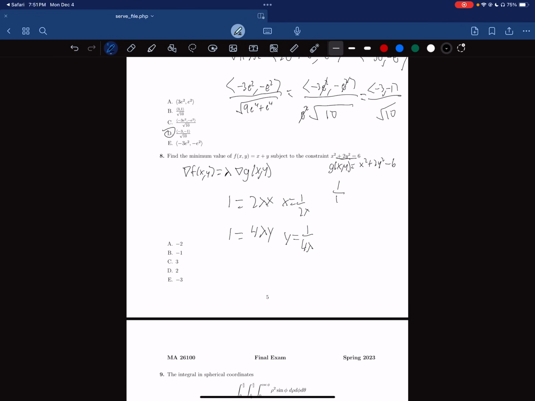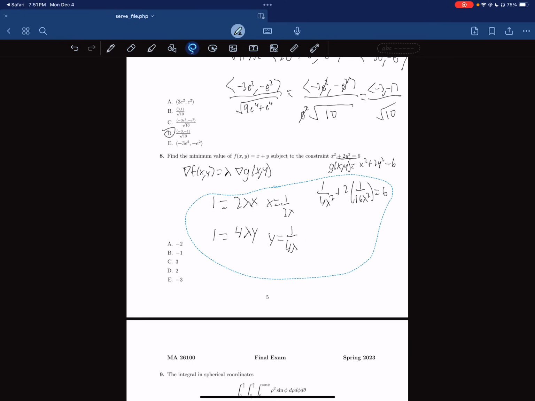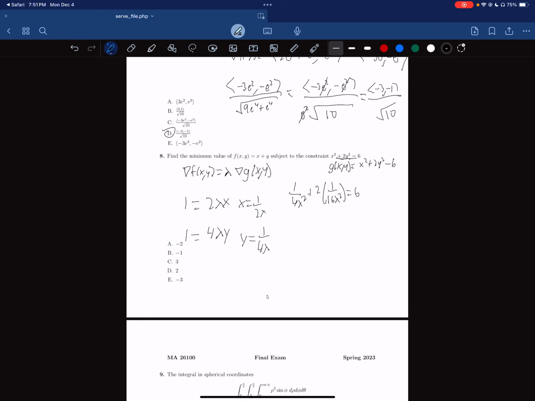So we're going to get 1 over 4 lambda squared plus 2 times 1 over 16 lambda squared equals 6. Let me just move this a little bit over to make it a little bit more tidy. Okay, and this is really just 1 over 4 lambda squared plus 1 over 8 lambda squared equals 6.